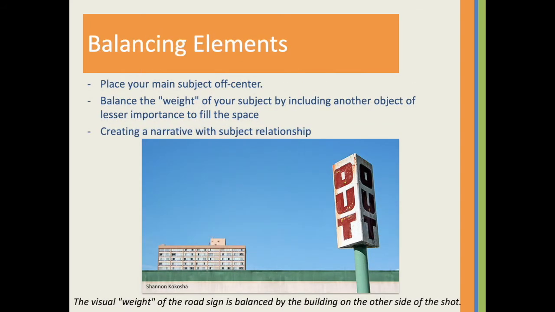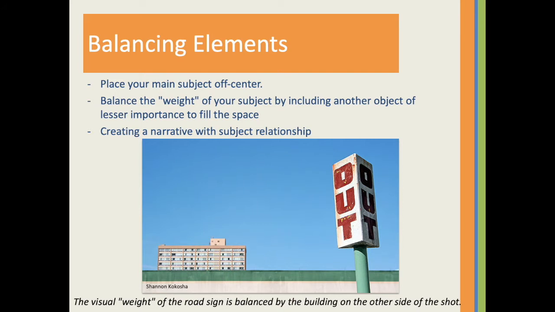That takes us to balancing elements, which complement the rule of thirds. When you place your main subject off center, as with the rule of thirds, it creates a more interesting photo, but it can also leave a void in the scene, like a negative space, which can make it feel empty.